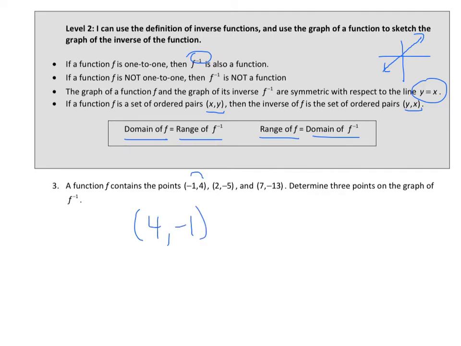I literally just switched x and y. For the next point, switch x and y again, we would get negative 5, 2. And for the last point, switch x and y, we get negative 13, 7. So the explanation sounded a lot more complicated than it was. All we're doing is switching x and y, which means the domain and range switch places.